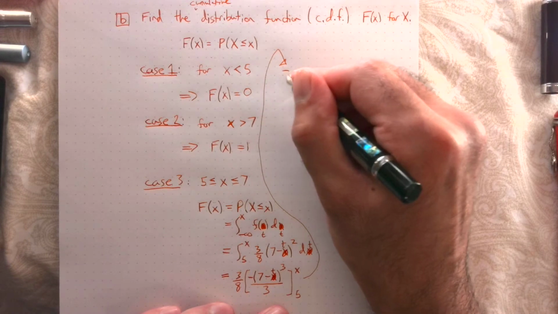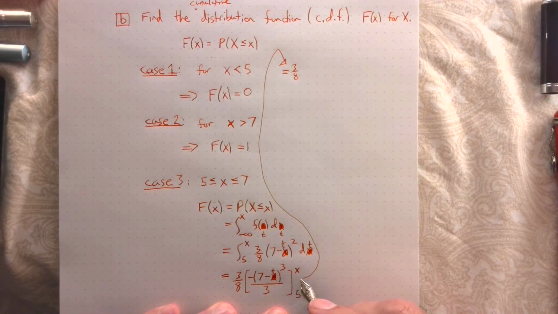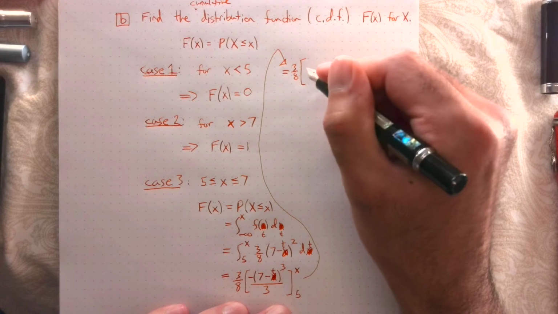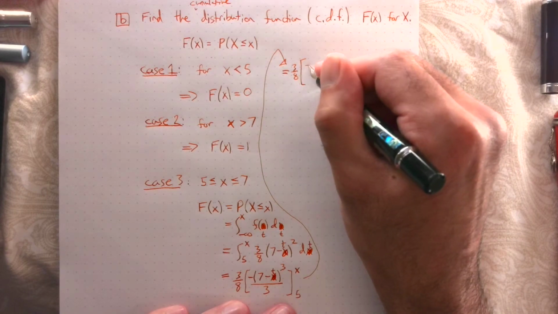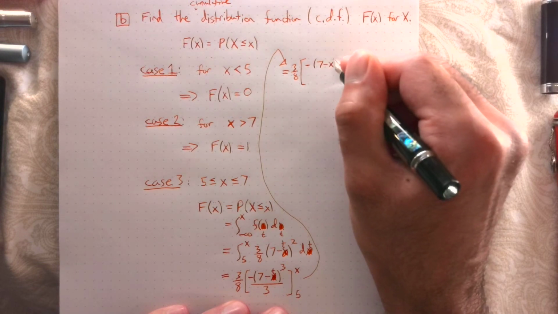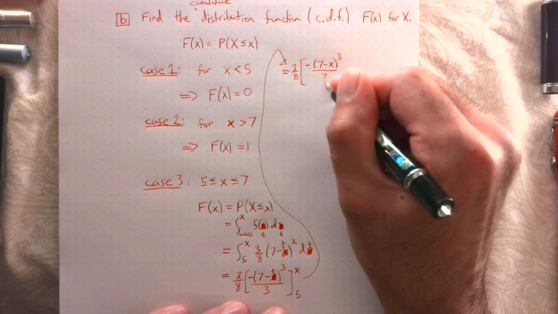But this is going to be equal to 3/8. Now we want to evaluate plugging in the top number, and subtract off plugging in the bottom number. So this is minus (7 minus x) cubed over 3.